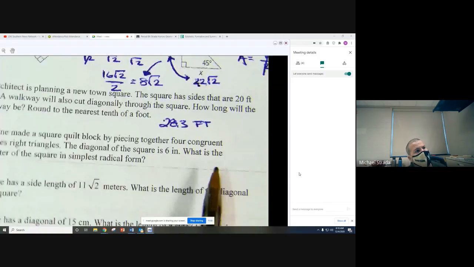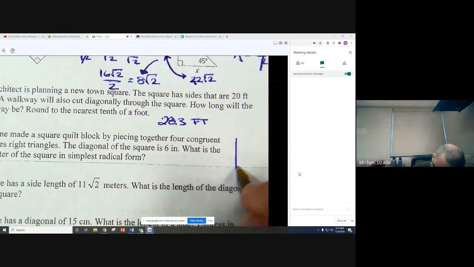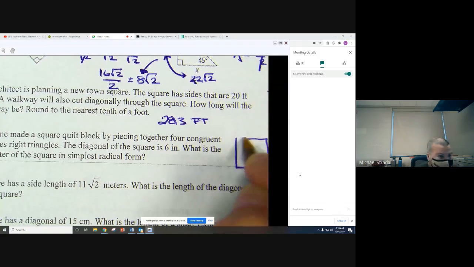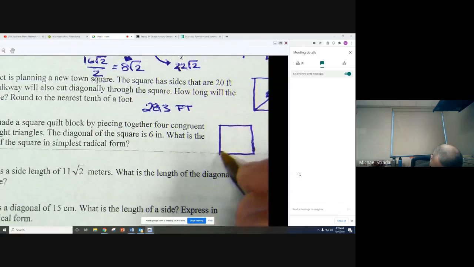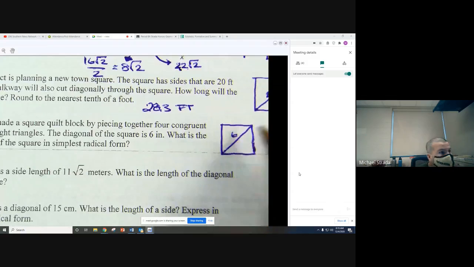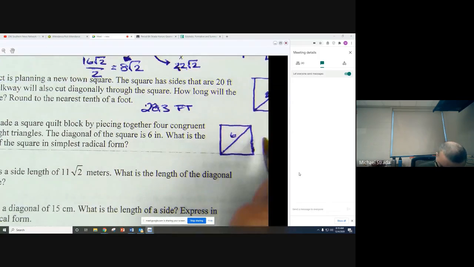Charlene made a square quilt block by piecing together 4 congruent isosceles right triangles. The diagonal of the square is 6 inches. What is the perimeter of the square in simplest radical form? All right. So again, they tell us it's a square where the diagonal is 6. Well, what's half of 6? 3.